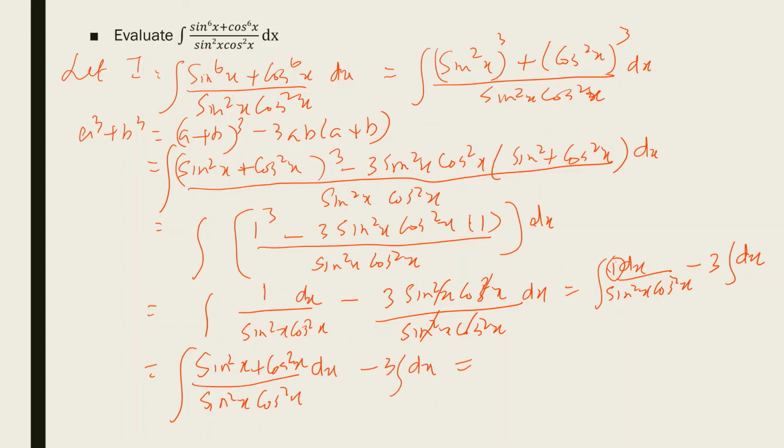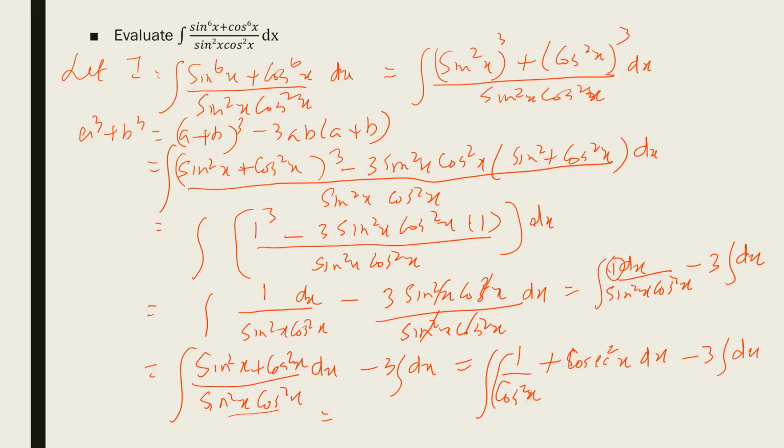So now we can split: sin square by sin square cos square, sin square cancels, you will get 1 by cos square. So integral 1 by cos square plus cos square divided by sin square cos square, cos square cancels, and 1 by sin square will become cosec square, minus 3 into integral dx.